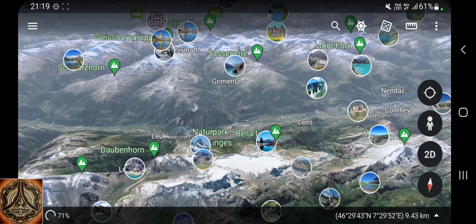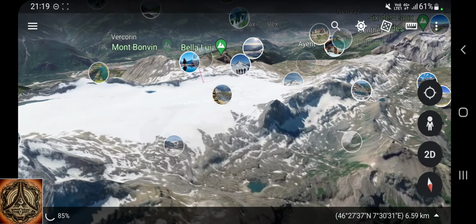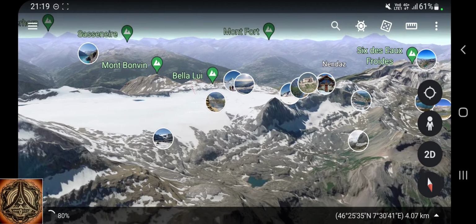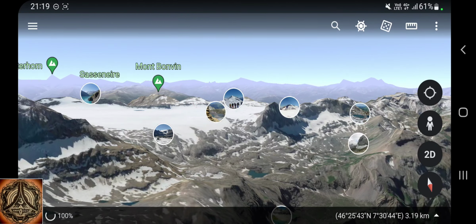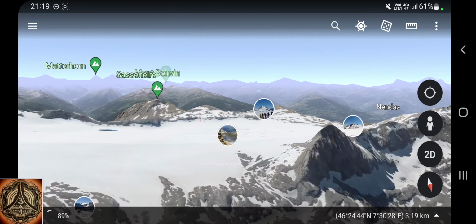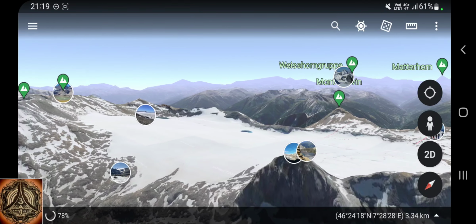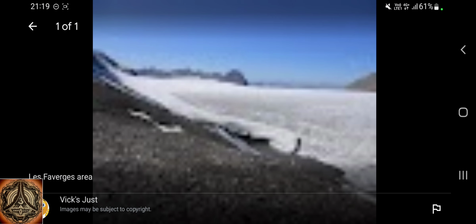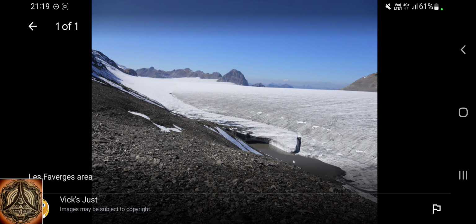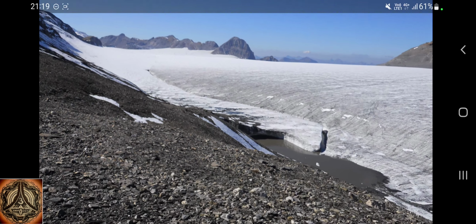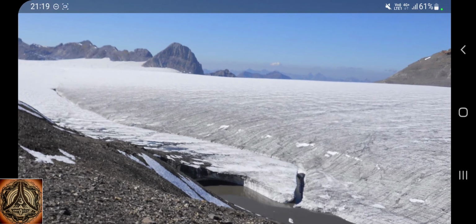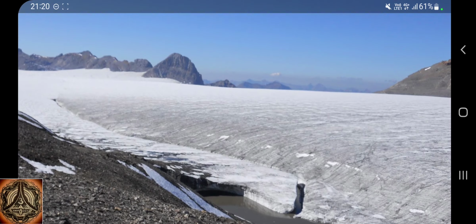So this looks rather flat. Yeah, this might be the glacier. It is flat.